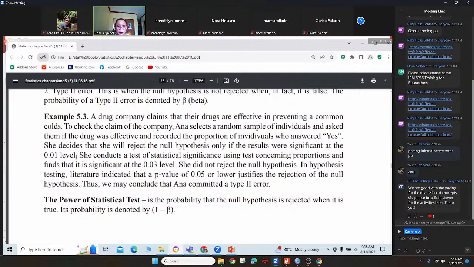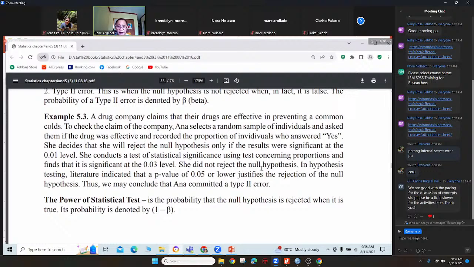No, so she conducts a test of statistical significance using tests concerning proportions, no? Because what is the proportion for yes, what is the proportion for no? So test concerning proportions and finds that the result, based on her data, is 0.03.